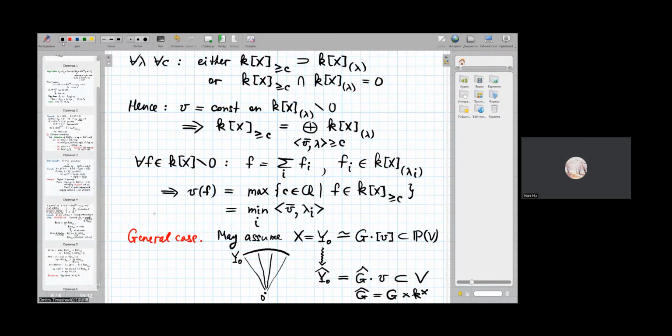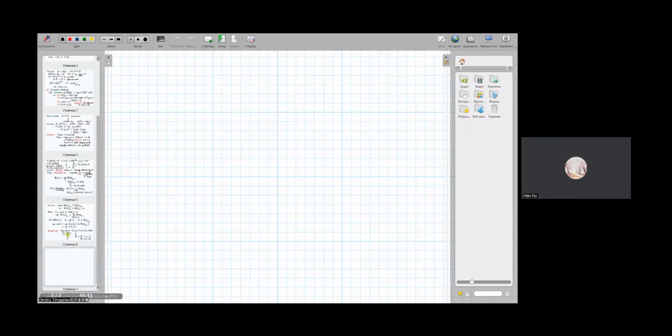This is my Y_0 hat. Okay. Now let's consider, let me turn to the next page, the function field on this bigger orbit.